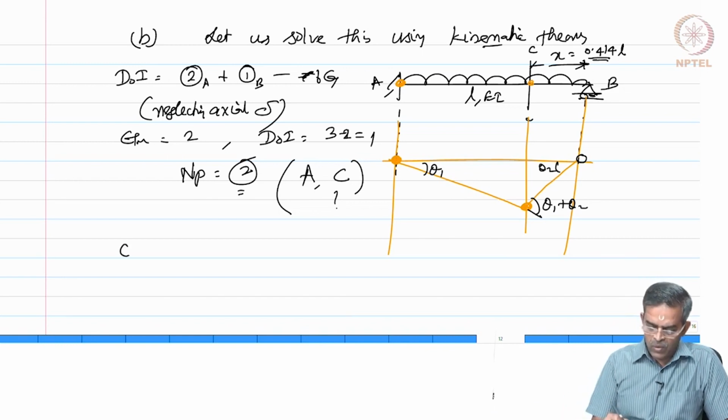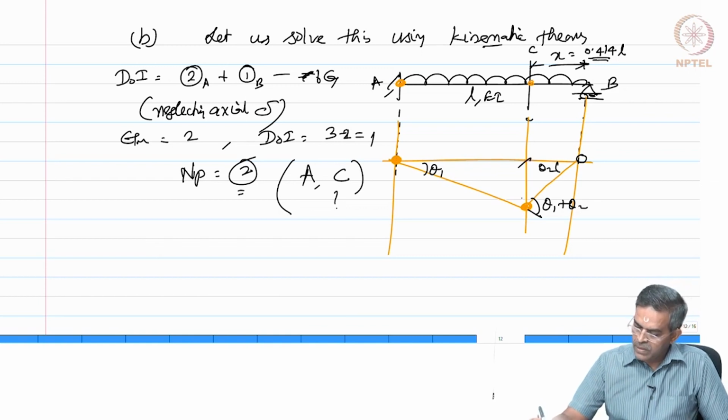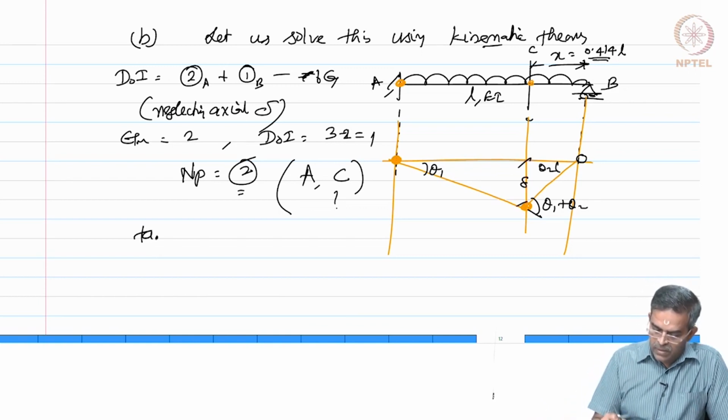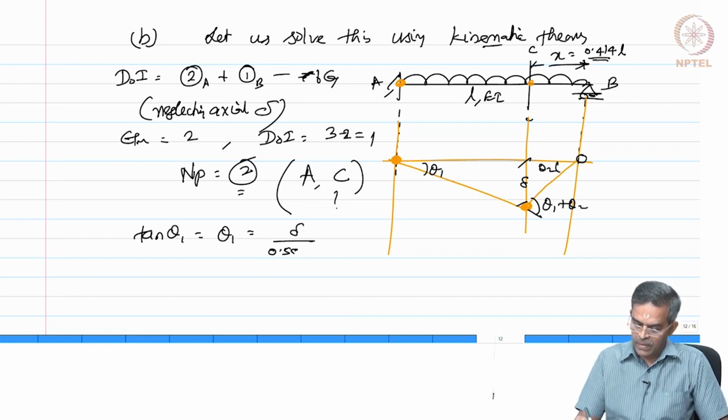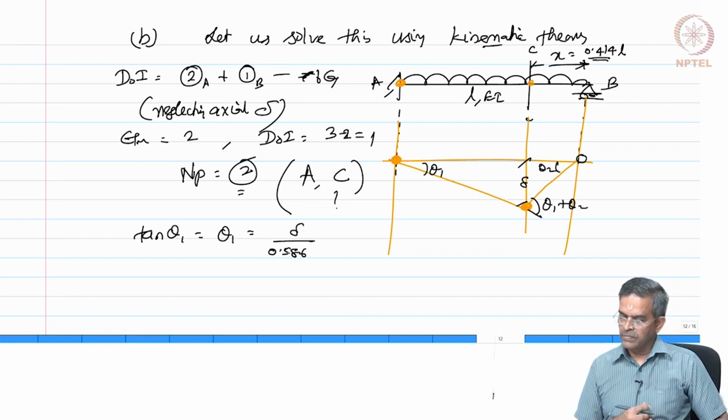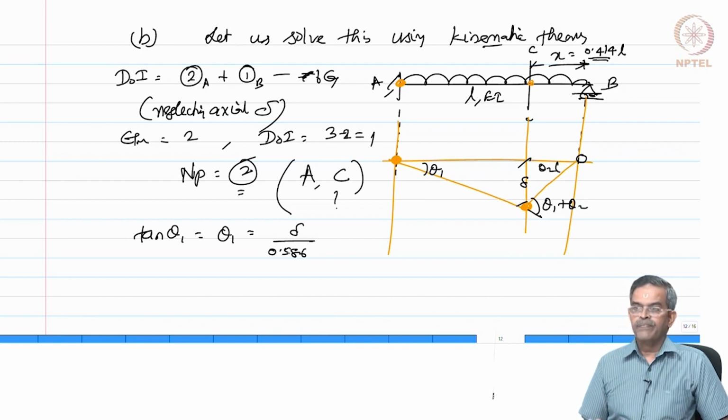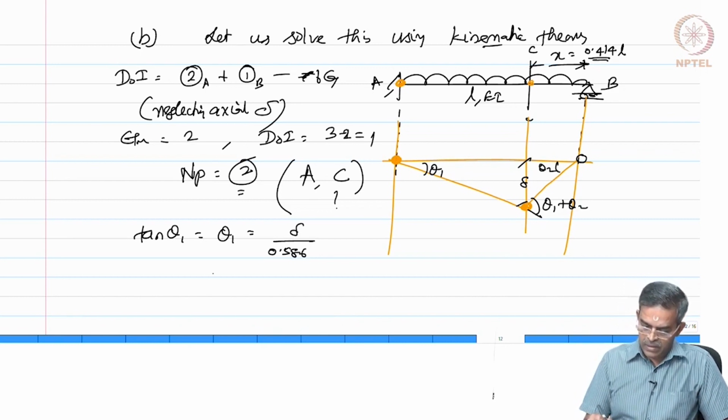So, from the figure we know theta 1 is, this is del, so tan theta 1, which is theta 1 for small deformation, is del by 0.586 L. Then theta 2 is del by 0.414 L.